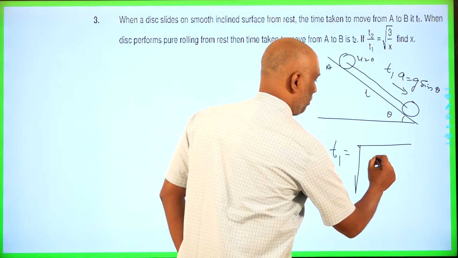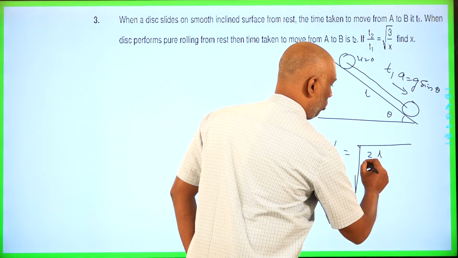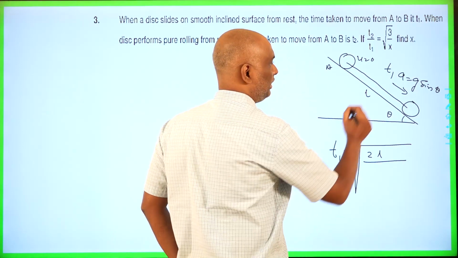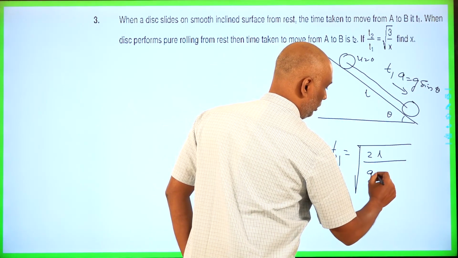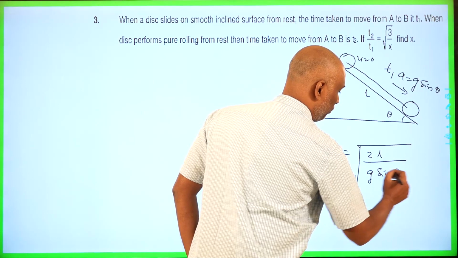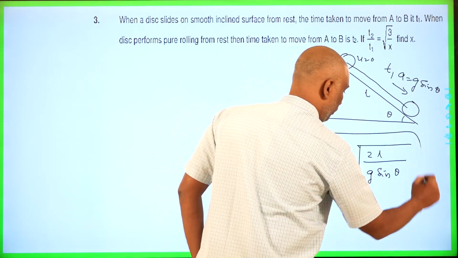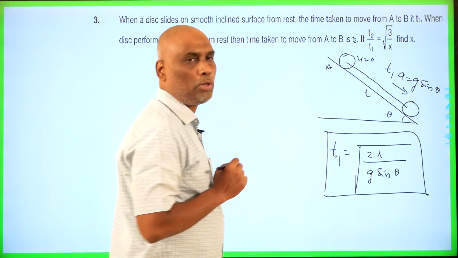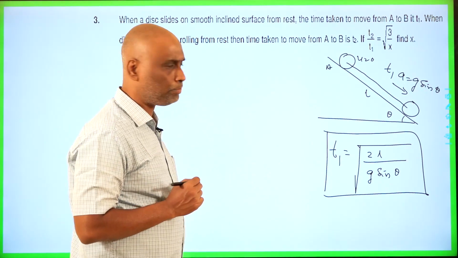So t1 equals under root of 2l divided by g sin theta. This is the time taken by the body to slide down the smooth inclined plane.